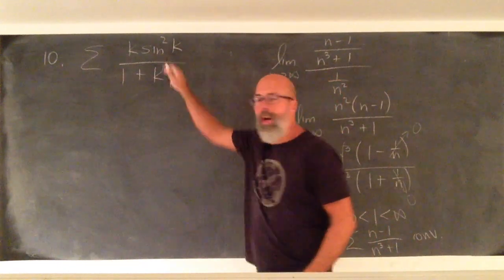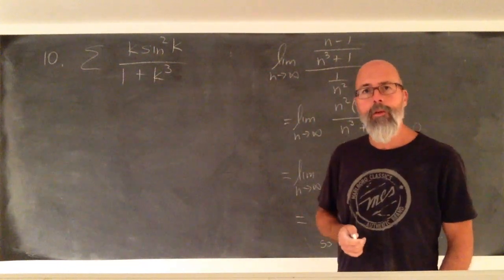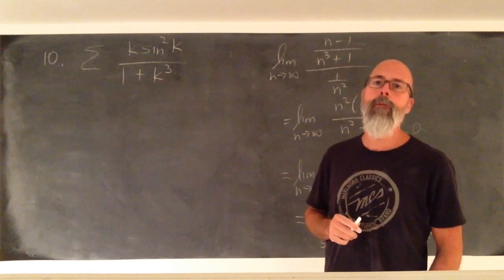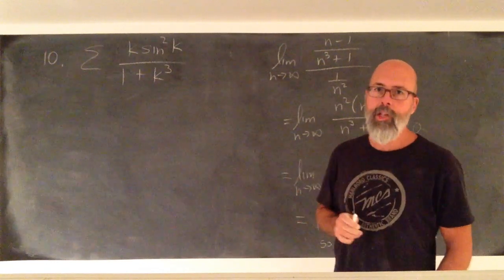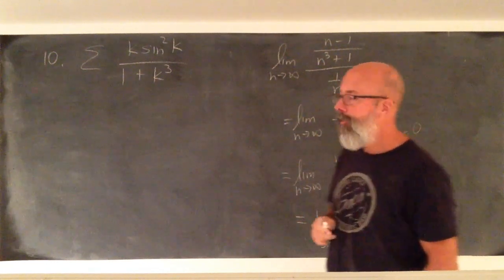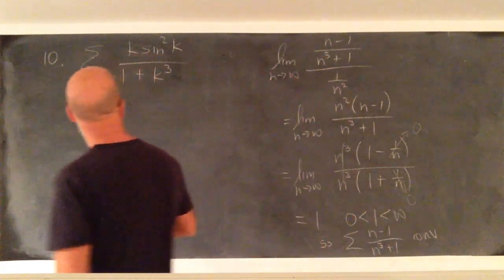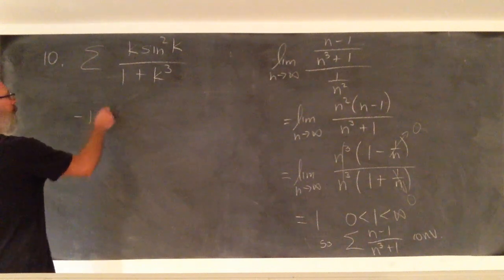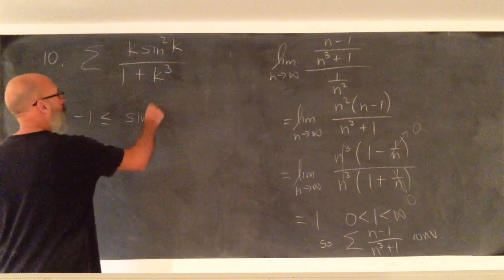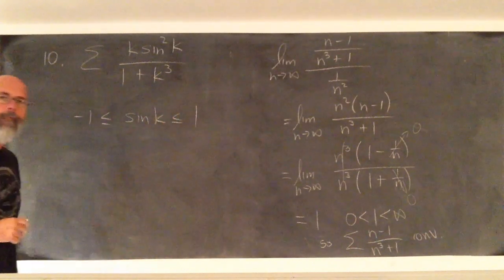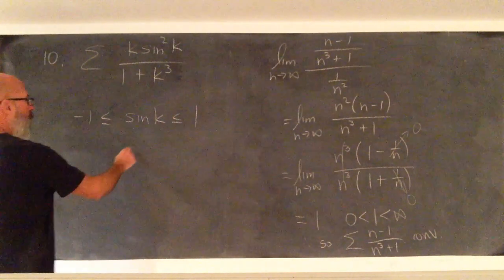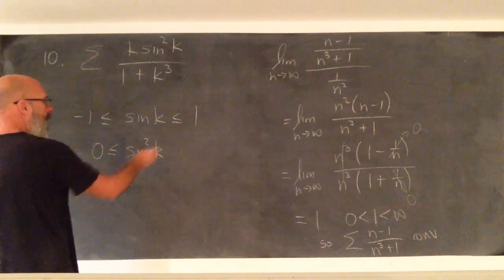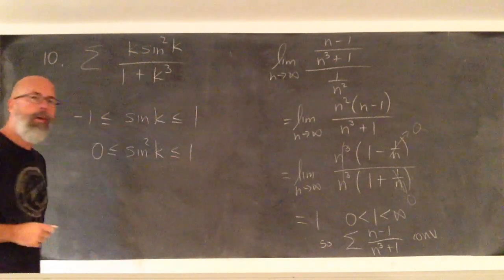But the sine squared never disappears. And as k goes to infinity, that thing does not have a limit. So we're going to want to stay away from limits for this kind of example. Luckily for us though, you know that sine is between -1 and 1. So sine squared, which is something squared, so you know it's bigger than or equal to 0, is at most 1 as well.